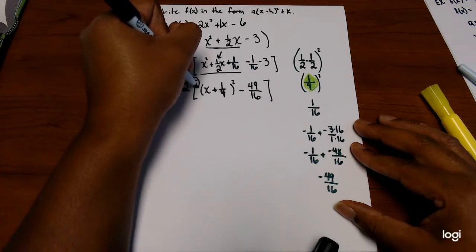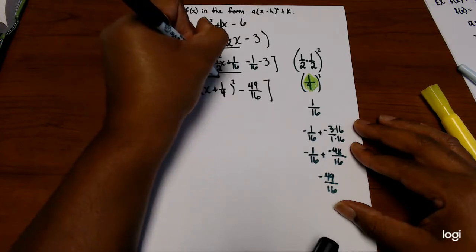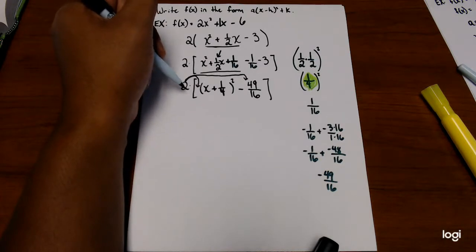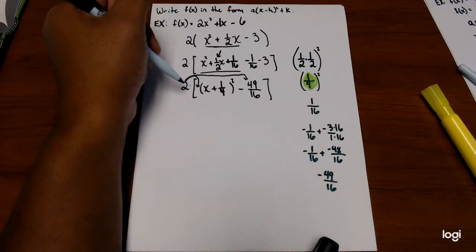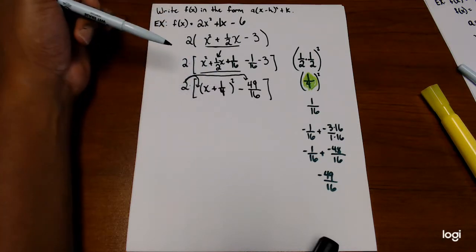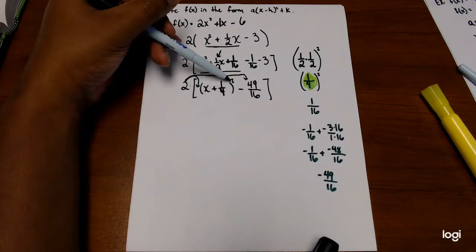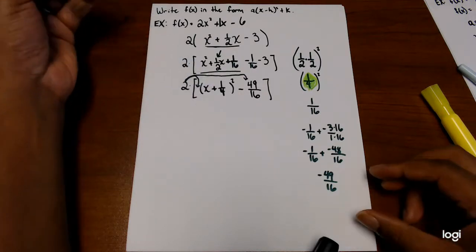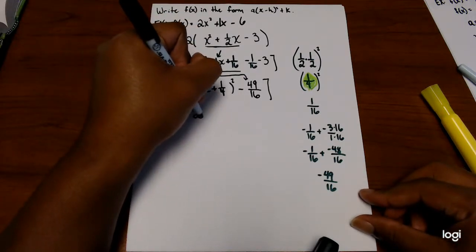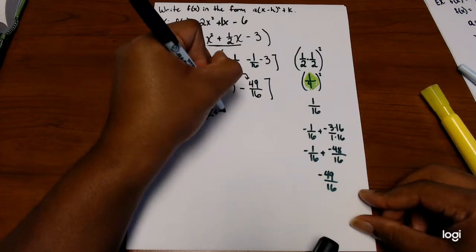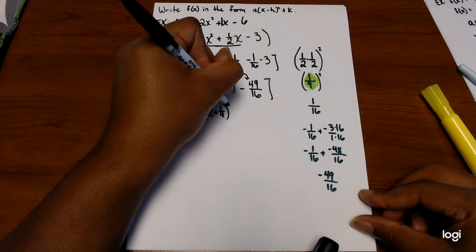But you want to be careful with that, because it's tempting to want to distribute this 2 through these parentheses. But remember, the order of operations says that exponents come before multiplication. So because of this exponent here, we can't distribute through that set of parentheses, and so we're just going to write 2 times the quantity x plus 1/4 squared.